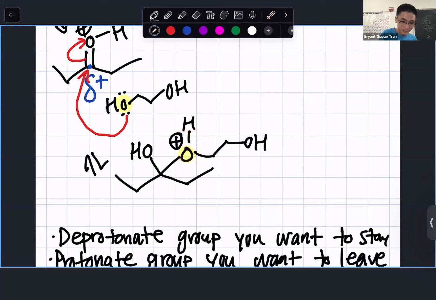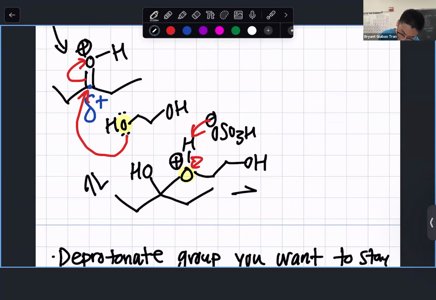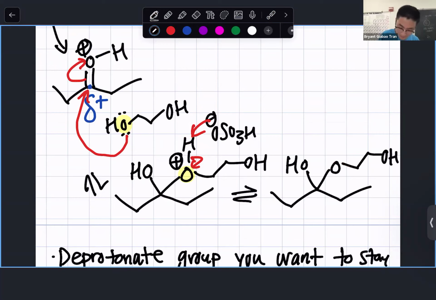And to do that, we could use the conjugate base that we formed at the beginning, the HSO4 minus, right? So that's the deprotonating the group we want to stay part, right? Once that happens, we now have this neutral oxygen here, which is good because it's now a bad leaving group and we want it to stay.